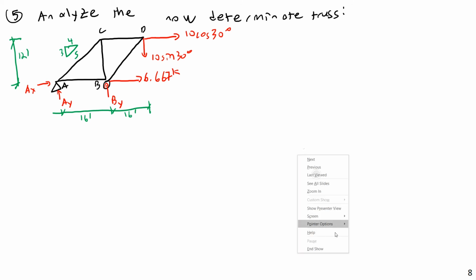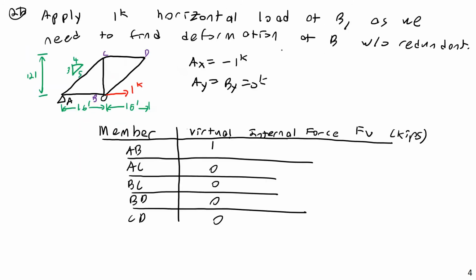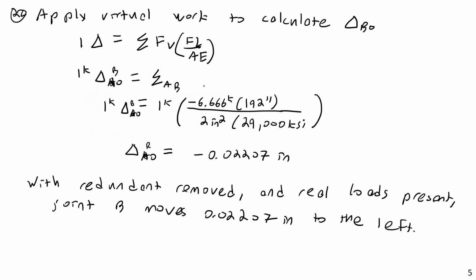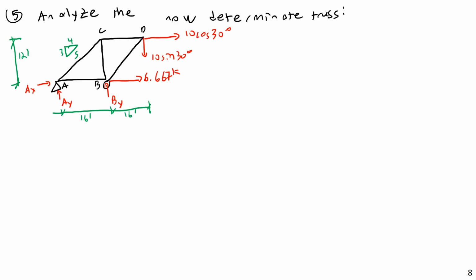So now I'm going to analyze this, and when I say analyze it, what am I looking for in particular? Well, if I were to go back to the very beginning of the problem, I was asked to find the horizontal deflection at joint D. So we actually have one more virtual work process to apply, and I'm going to apply virtual work to find the displacement at D. And this is a pure virtual work.